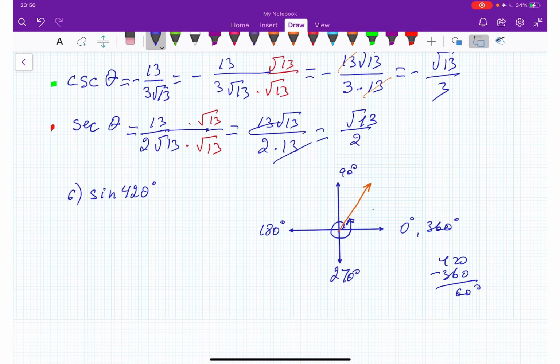So what does that mean? What can we say? That coterminal, sine 420 degrees is going to be equal to the same sine 60 degrees, right? Okay.